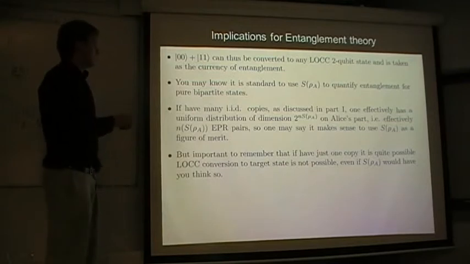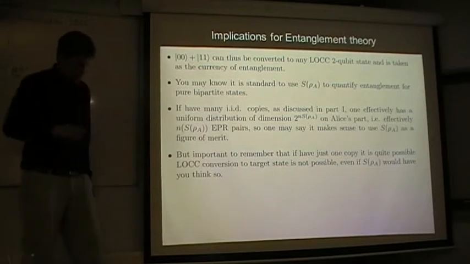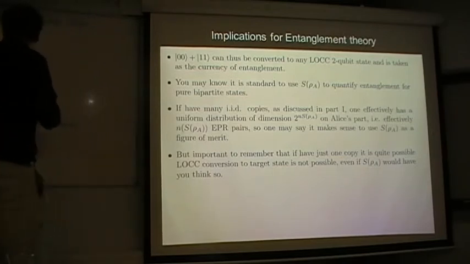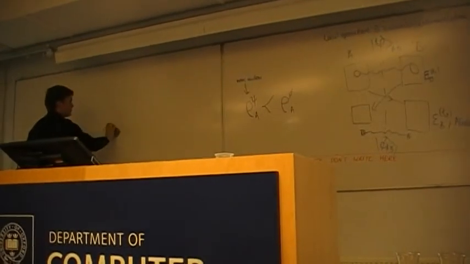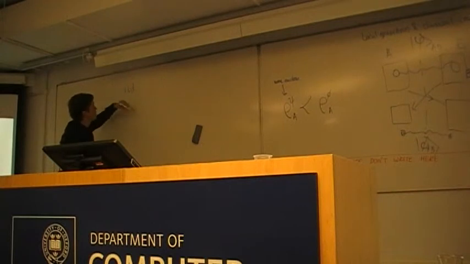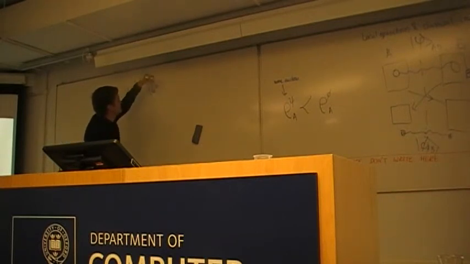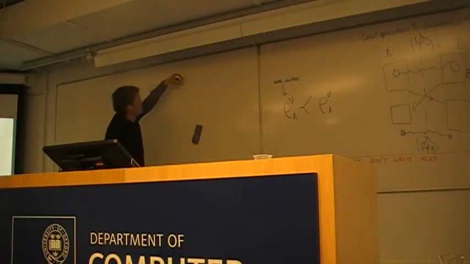And now, if you remember this IID thing from the first lecture, IID meant that your total state, and let's write it as a quantum state this time, is equal to some sigma tensor n.